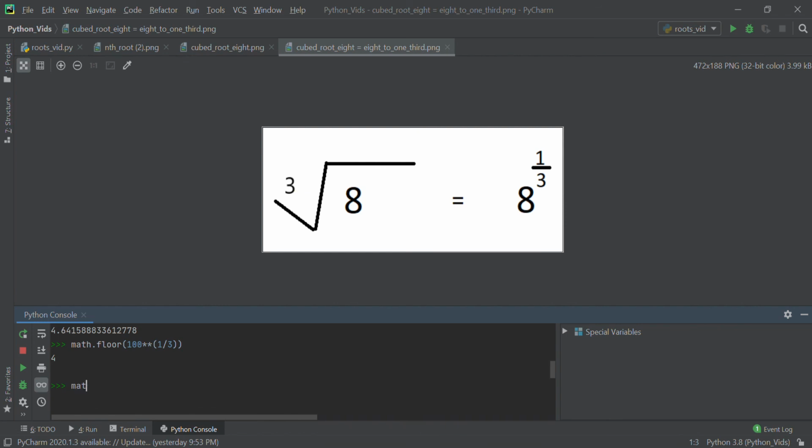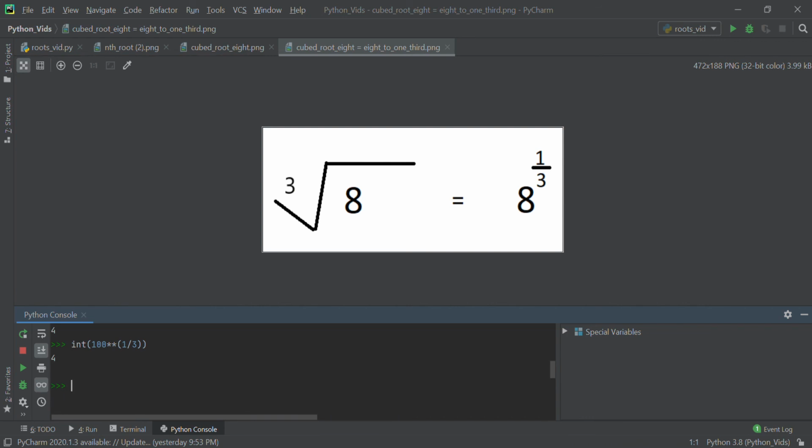You can do math.trunc of 100 to the power of 1 over 3, and that gives you 4. Or perhaps the most true to life, just take the integer of the cubed root, int of 100 to the power of 1/3, and that does it too.